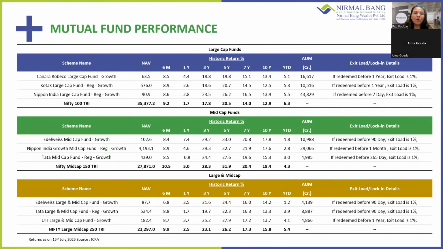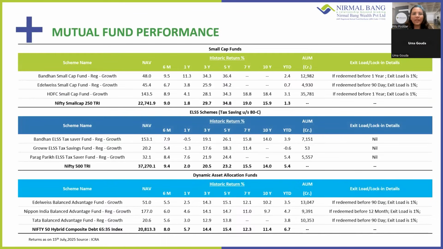We also come out with the industry presentation. Whoever is not aware of the criteria for small cap funds and the criteria for flexi cap funds, we have put it on our portal. Uma, if you can showcase an industry report, that would be great.